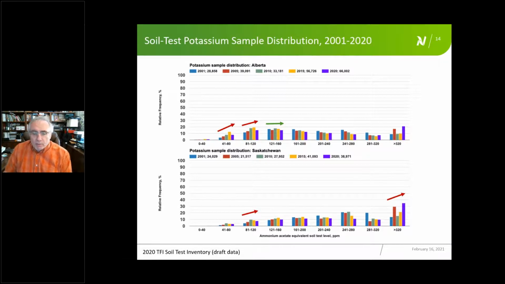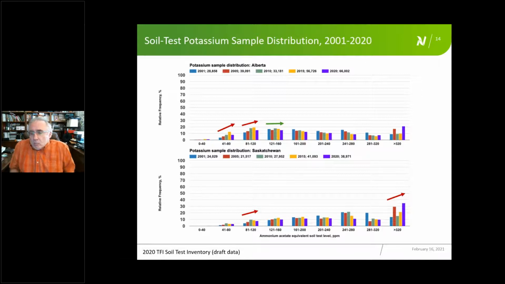In Saskatchewan, it's a bit more stable, not a lot of change occurring, and there may be some noise in the data, but we are seeing a fairly substantial increase in the number of samples that are very high testing, more than 300 parts per million.